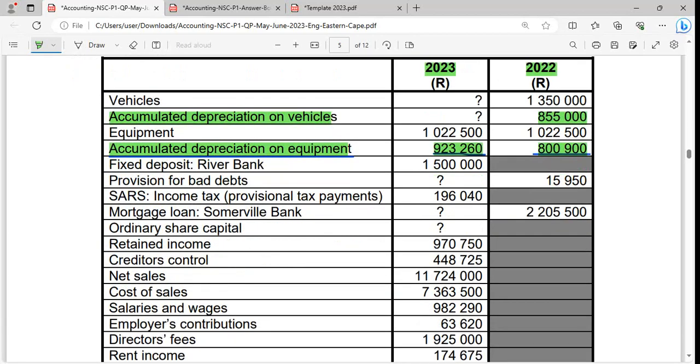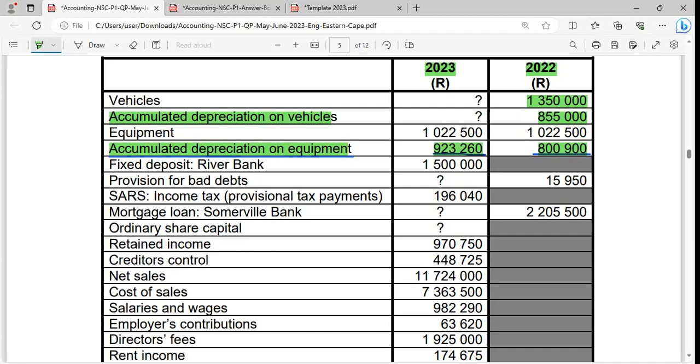The cost is 1,350,000 at the beginning, but at the end it will be different because we have added the new vehicle. But for now we do not want depreciation on the new vehicle because it was not used during the financial period, since the trade-in transaction happened on the last day of our period. So we will not account depreciation for the new vehicle.